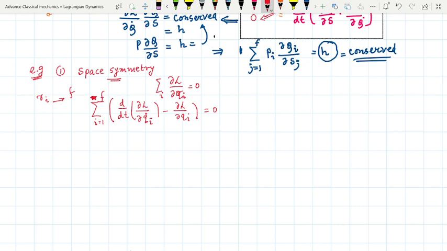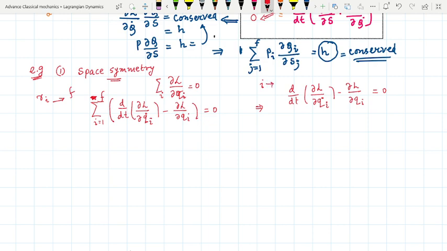This is the Euler-Lagrange equation. Now if we consider a single i first, then it will be better to understand the sum. So this is 0 for single i.